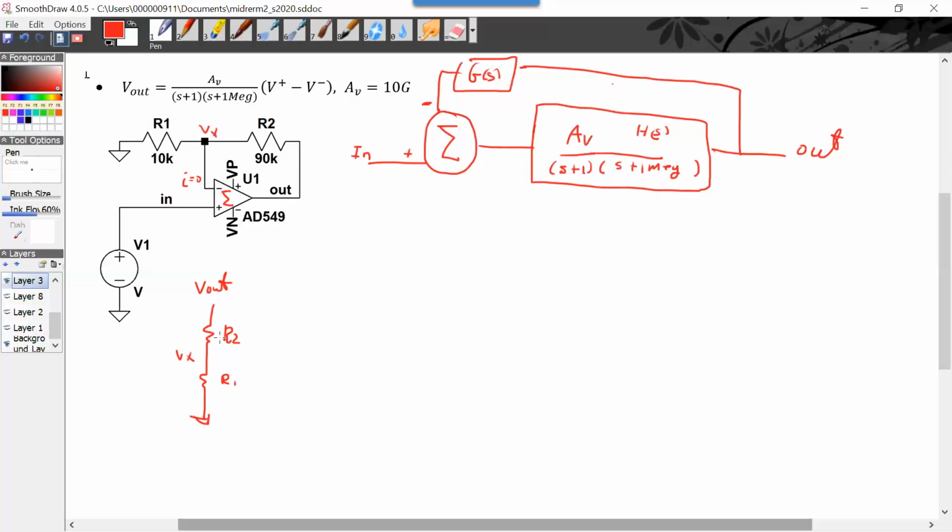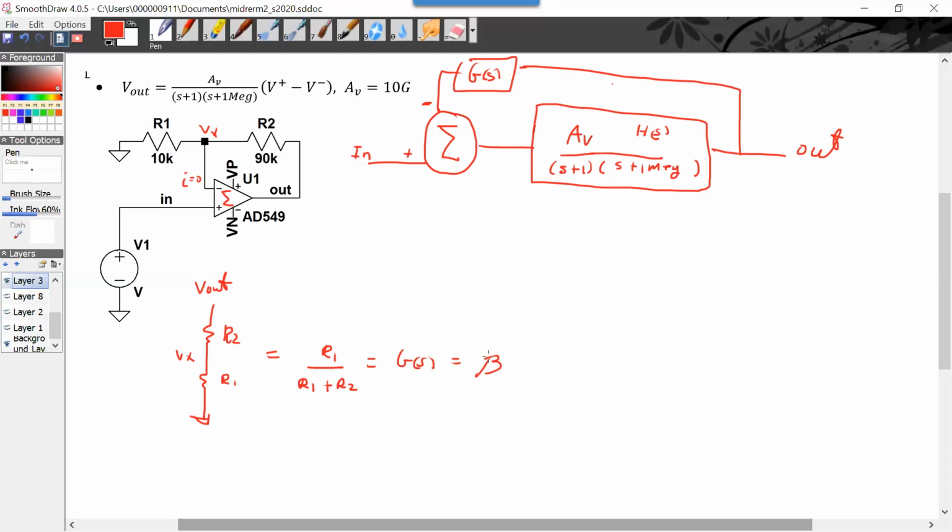Well, you can see it's a voltage division, which has no function of s, so we just call it beta.